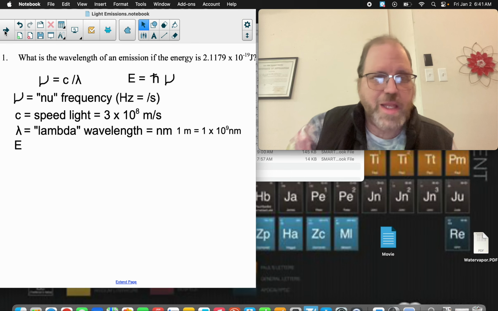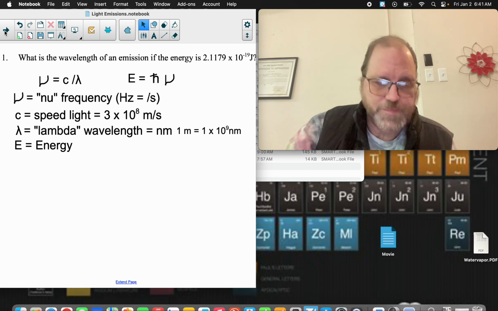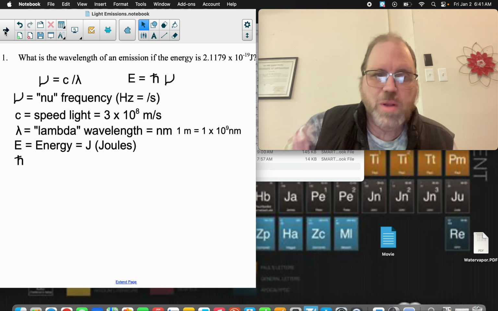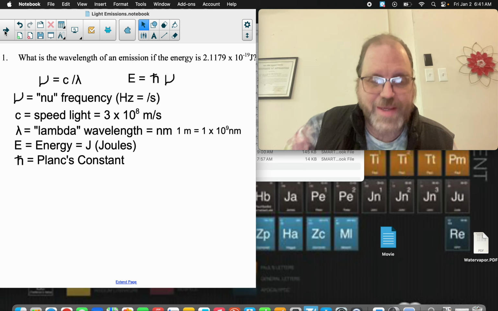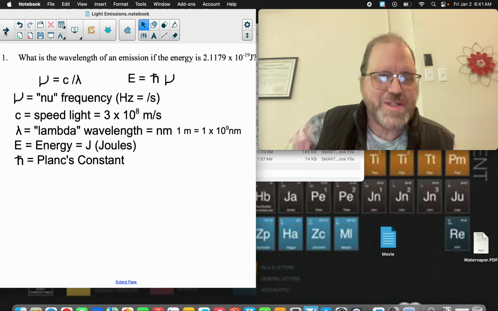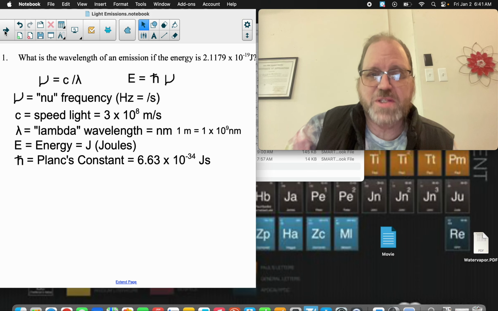Now the other equation: E is energy, expressed in joules. And that h with a hat, we call that Planck's constant, not Planck. Planck's constant is 6.63 times 10 to the negative 34th joule seconds.